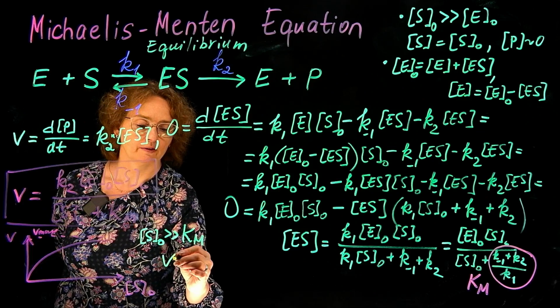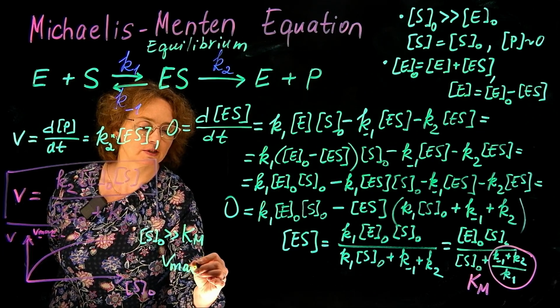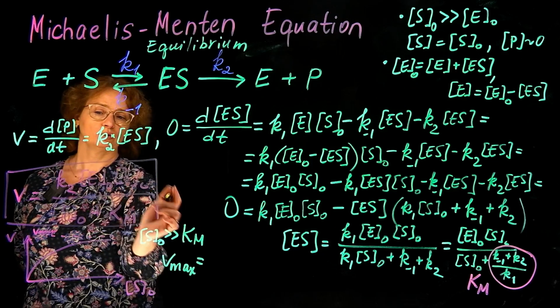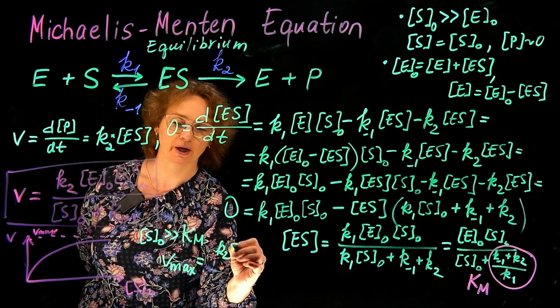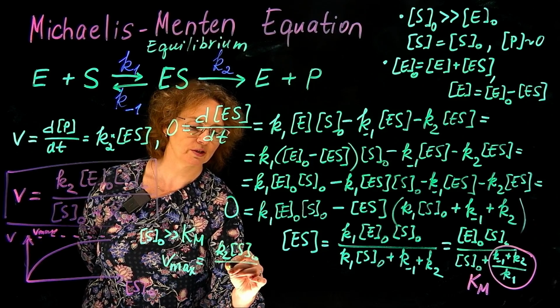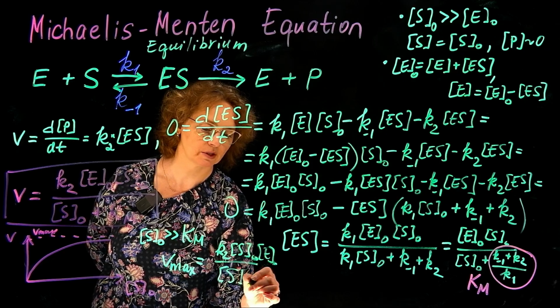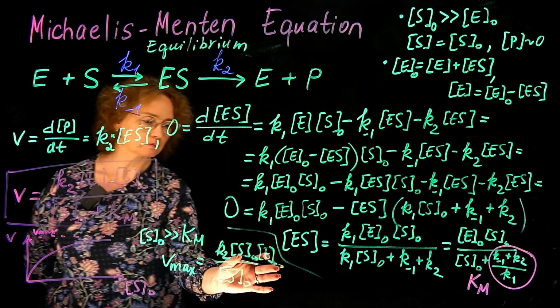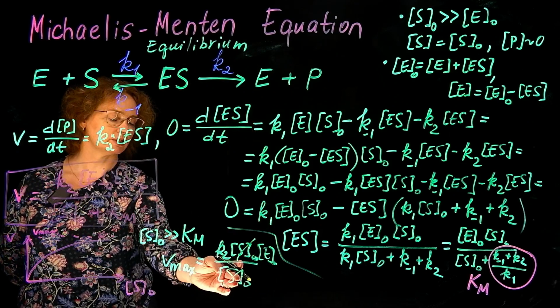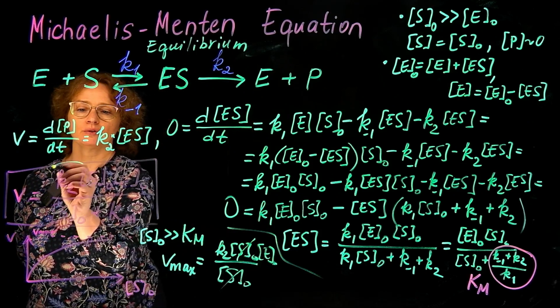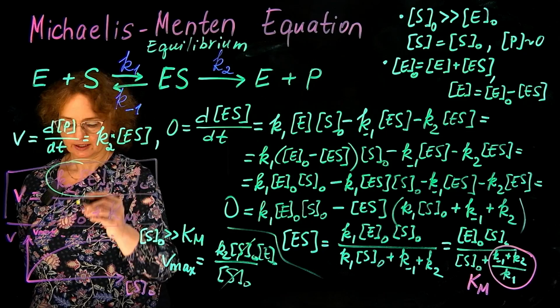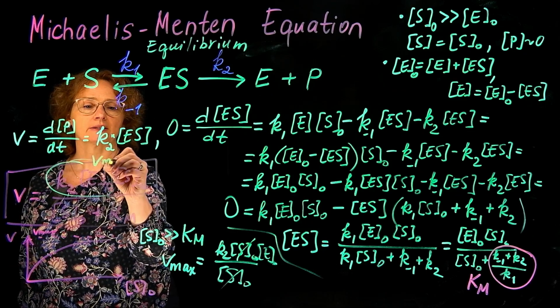And so V, which will be maximal at this point, will be equal to K2 times substrate times enzyme, of course, over substrate. So we can cancel out substrate concentration, and we know that this term right here is our V max.